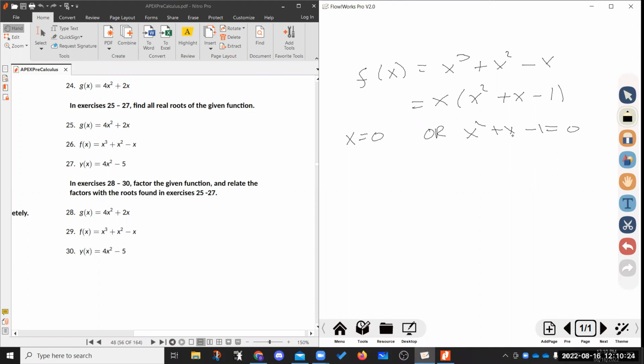Let's use the quadratic formula on the second piece. x is equal to -b plus or minus the square root of b squared minus 4ac all over 2a.